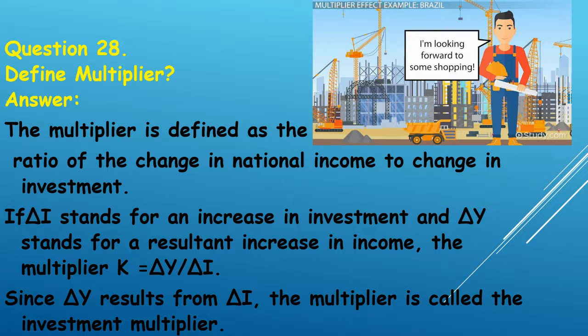So the multiplying keeps going, more and more investment. Income changes, investment changes. This is change in investment with change in income. This relationship, income change with investment, is called the multiplier.